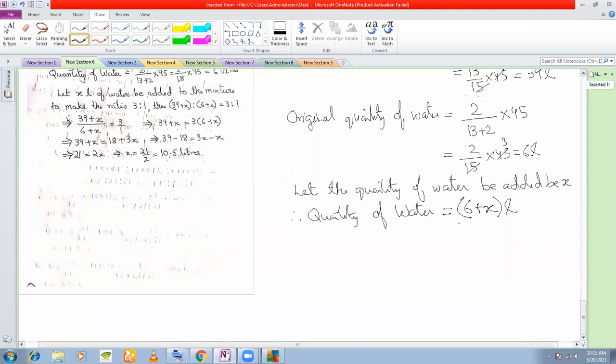Now quantity of milk remains the same. So I don't see why I should add x to the milk. Now see, since I'm adding water only, quantity of milk remains the same, 39.